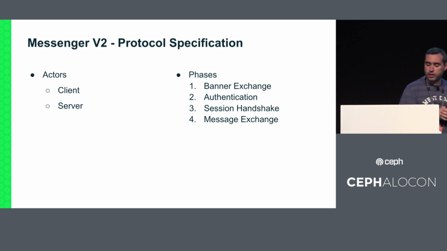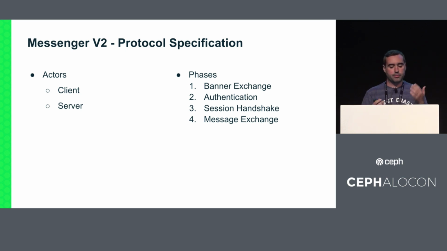The first three phases are basically the initial negotiation between peers, and as soon as that initial negotiation finishes, both peers become either client or server and can exchange messages between each other.